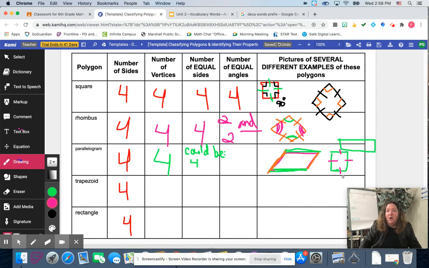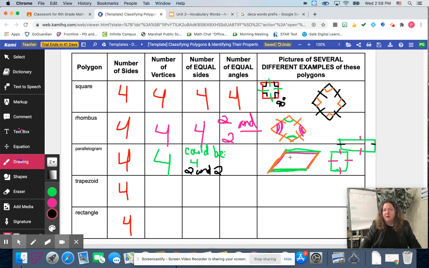Could be a rectangle. What does a rectangle have? How many sides are equal in a rectangle? Well, the long sides are equal, and the short sides are equal. So it could be that it's 2 and 2.